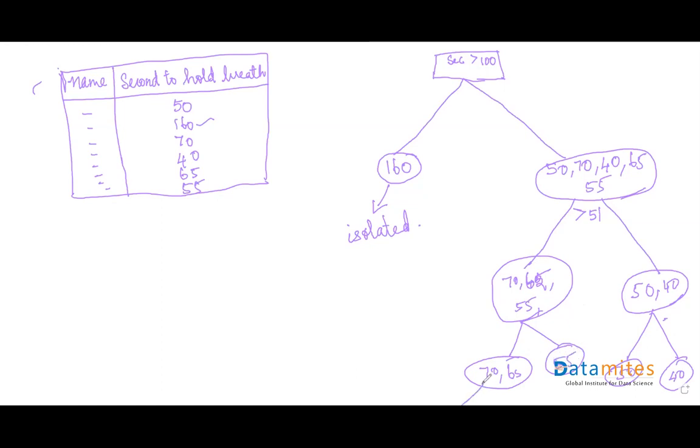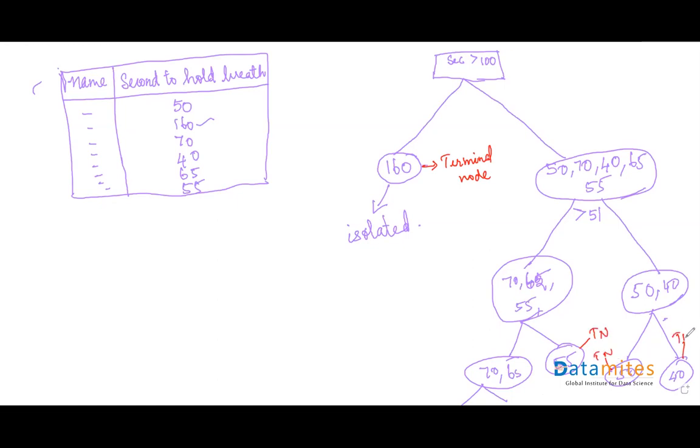Until each data point is separated, it is going to split. This is called the terminal node. So this is a terminal node, this is a terminal node, right?